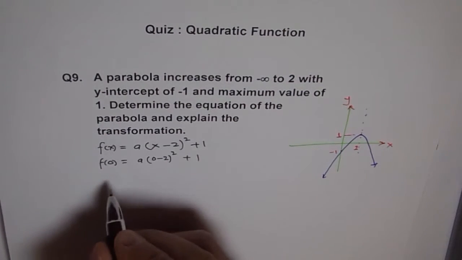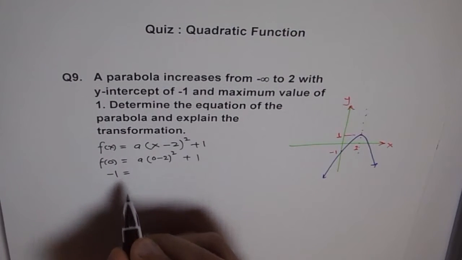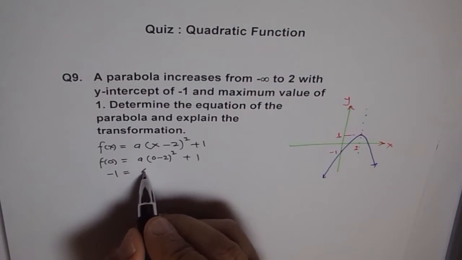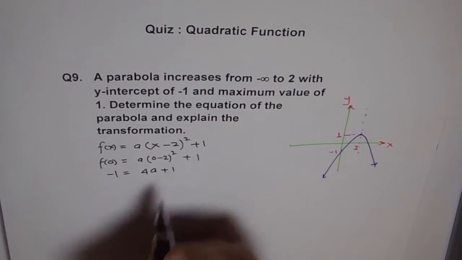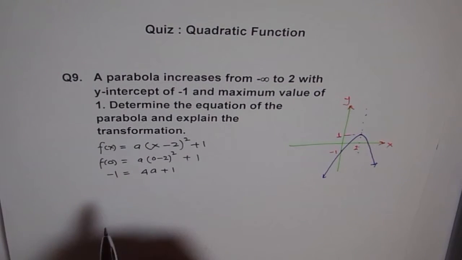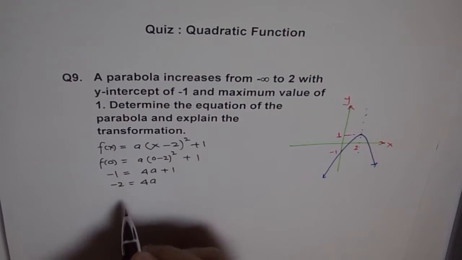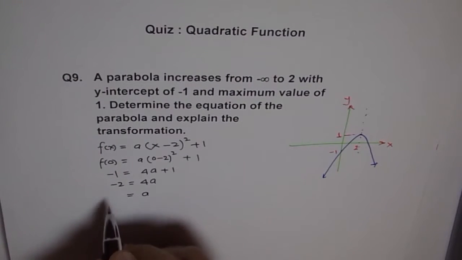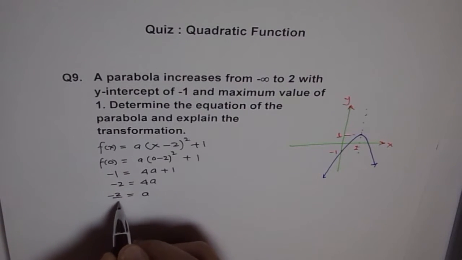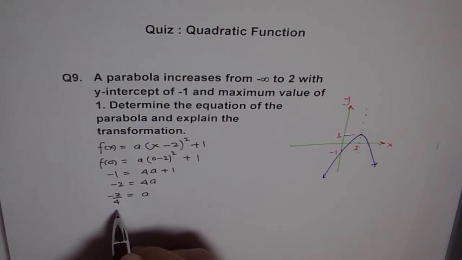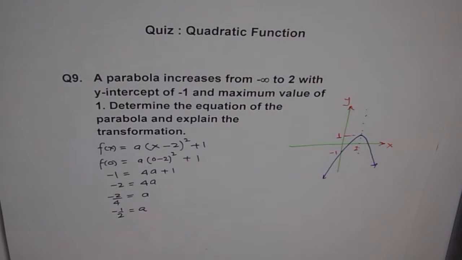So minus 1 equals 4a plus 1, since 2 squared is 4. Bringing this to the other side, minus 2 equals 4a, and a equals minus 2 over 4, which gives a value of minus half. We were expecting a negative value of a, and that's what we got.